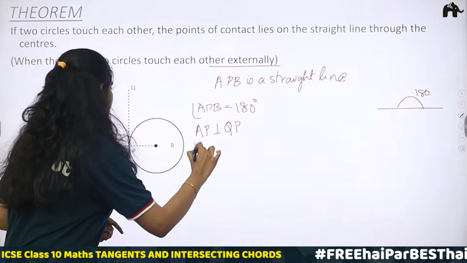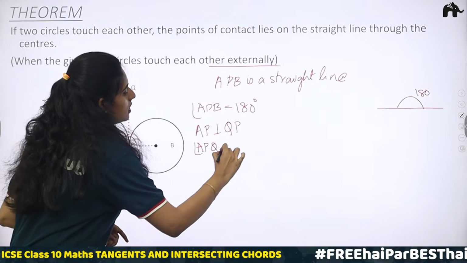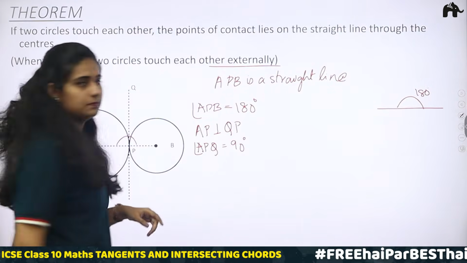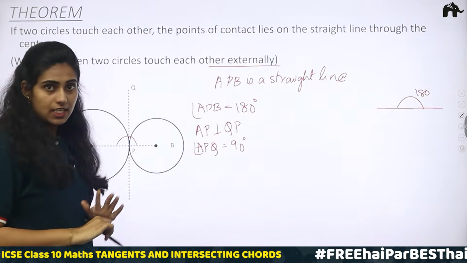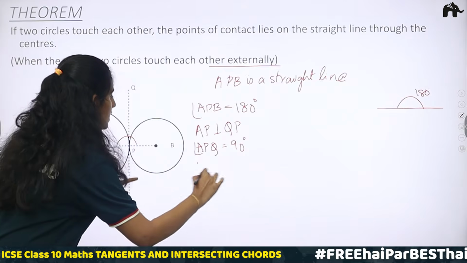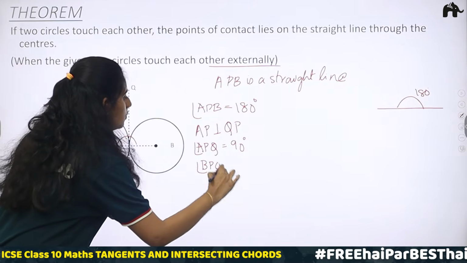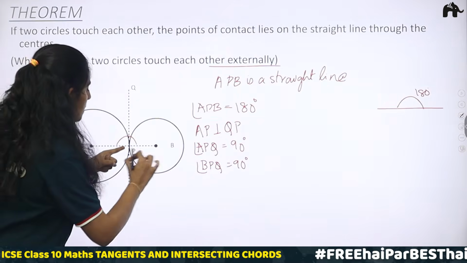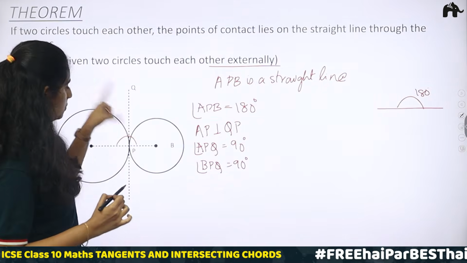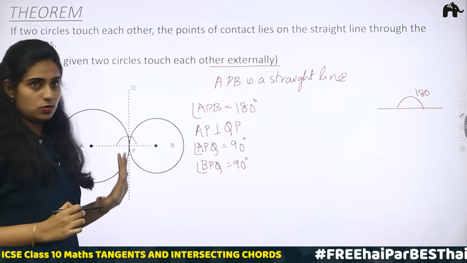Therefore, angle APQ is equal to 90 degrees. Similarly, when you consider the smaller circle with center B, we have angle BPQ equal to 90 degrees. Same reason: BP is the radius and QP is the tangent. They are perpendicular to each other.